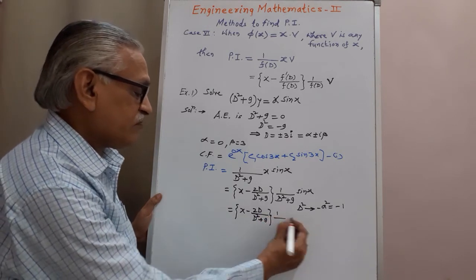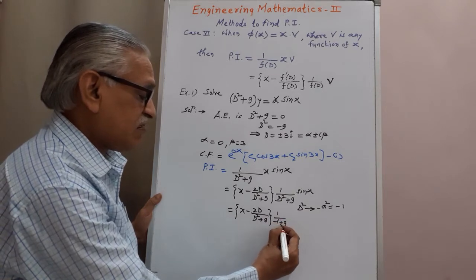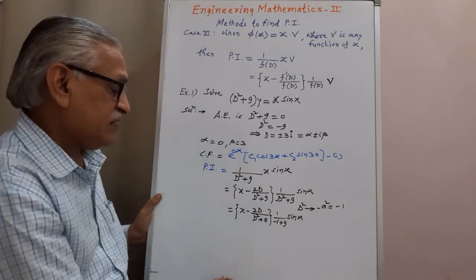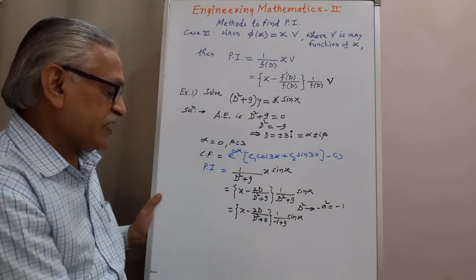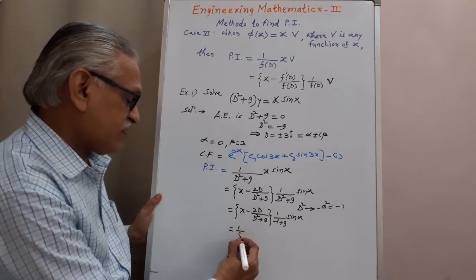1 upon minus 1 plus 9, which we have to operate on sin x. 9 minus 1 we get 8. As it is a constant, I can take it before the operator.